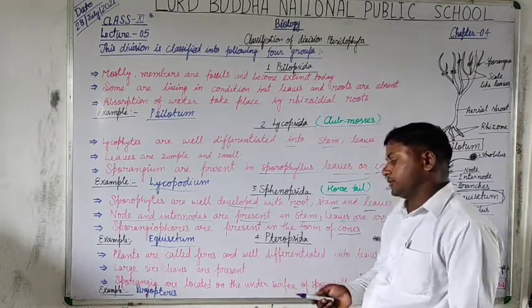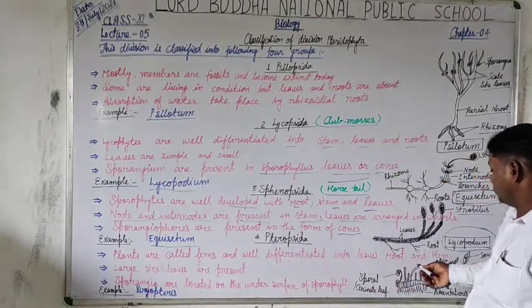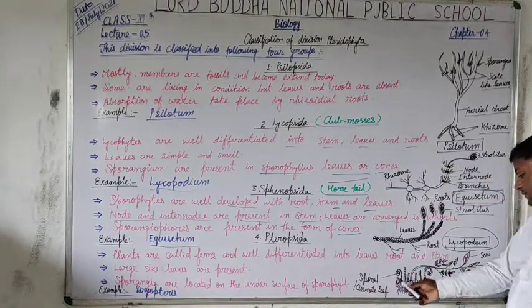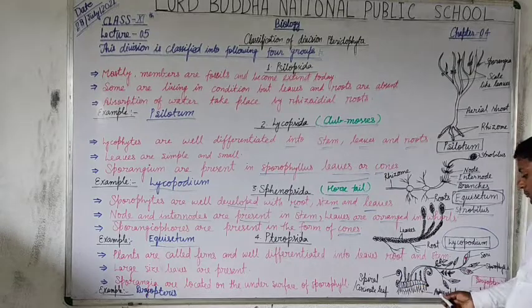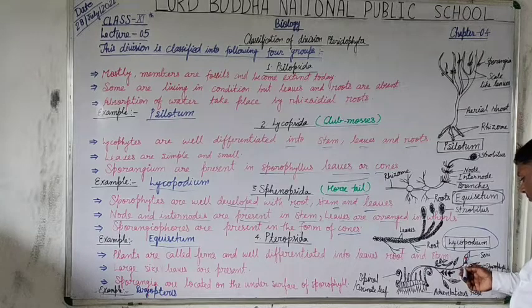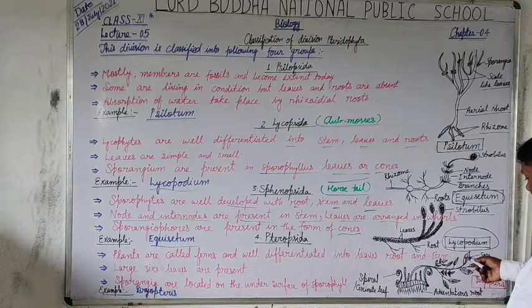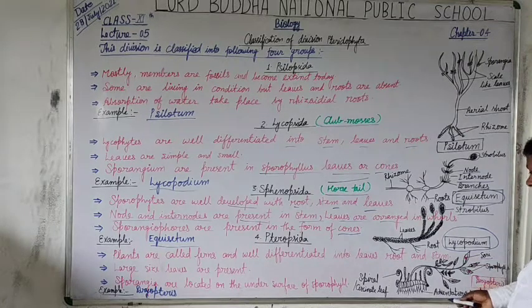Plants are called ferns and are well differentiated into leaves, roots and stems. This is the structure of a Dryopteris plant. And here are sporophyllous leaves with fronds, a large leaf, having the sporangia, which are called sori.